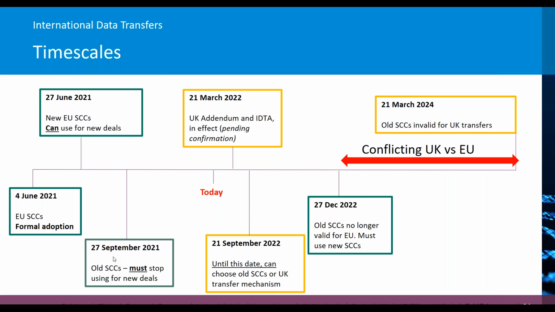Is my understanding correct, says the question, that the UK addendum is only required for UK companies, but not if an EU company transfers both EU and UK data? I don't think that's correct, in the sense that there's nothing stopping an EU company, of course, using the UK addendum when they transfer UK protected data.